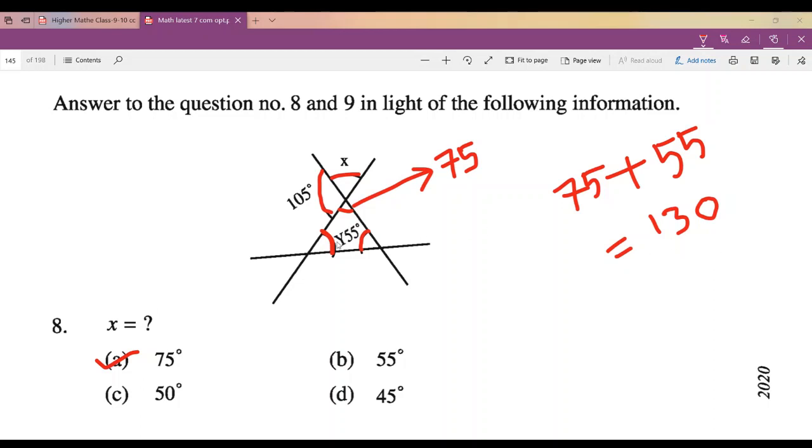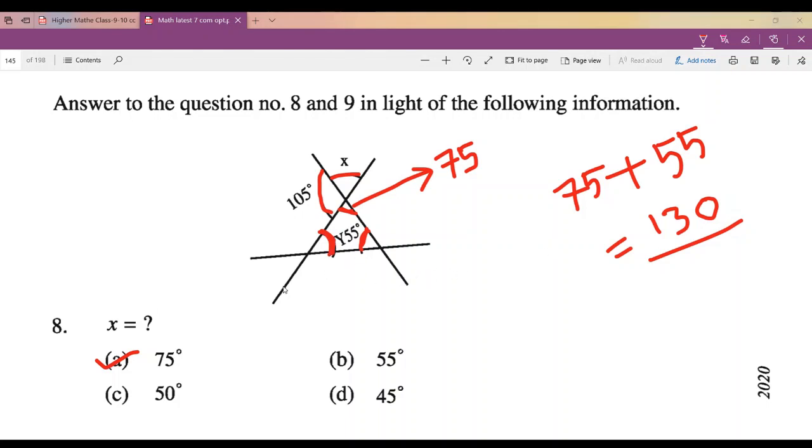So the other angle, the value of Y, is obviously 50 degrees, because we know the sum of three angles of a triangle is 180 degrees. The sum of these two is 130, so obviously the value of Y is 50 degrees.